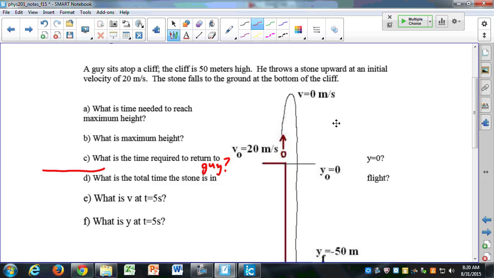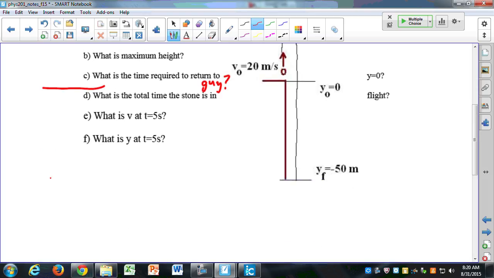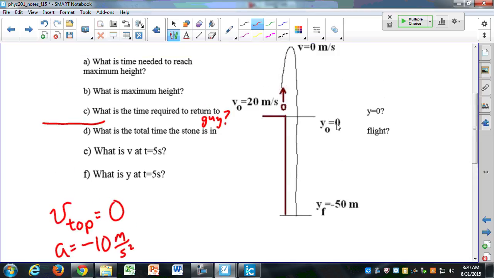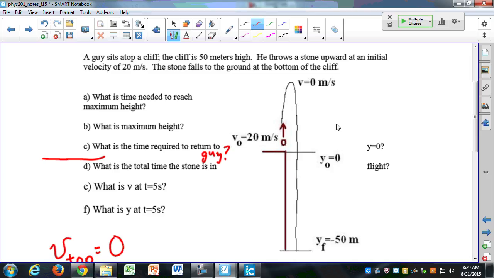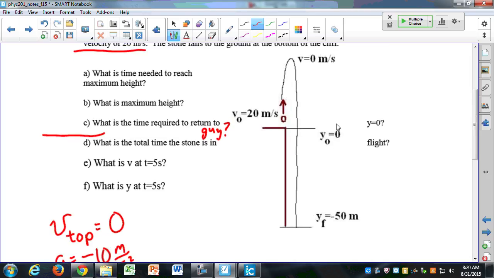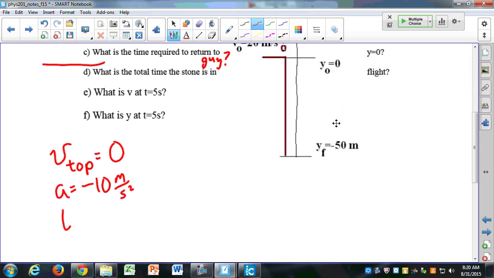All right, so I want to know the time required to reach the maximum height. I know that the velocity at the top is equal to 0. I know that my acceleration is minus 10 meters per second squared. And I know that the initial velocity is 20 meters per second.